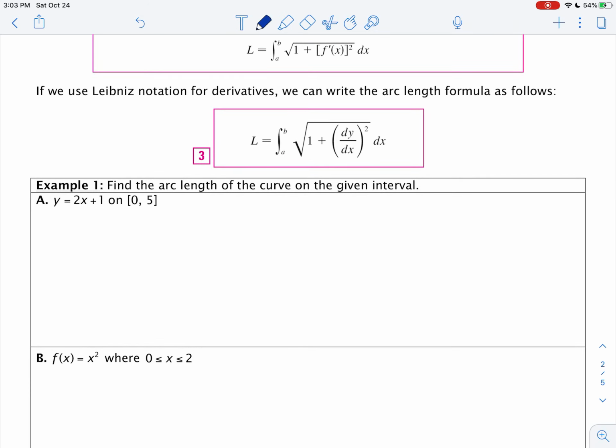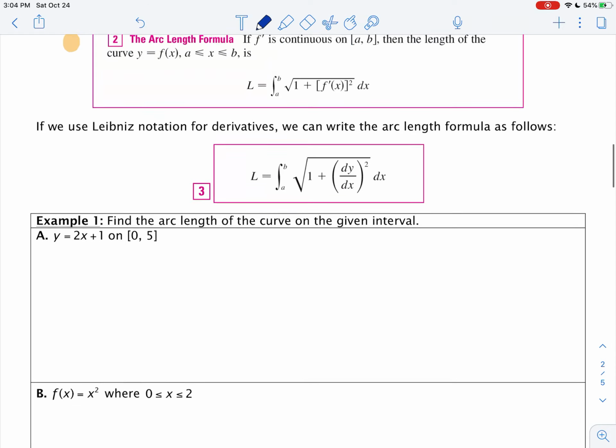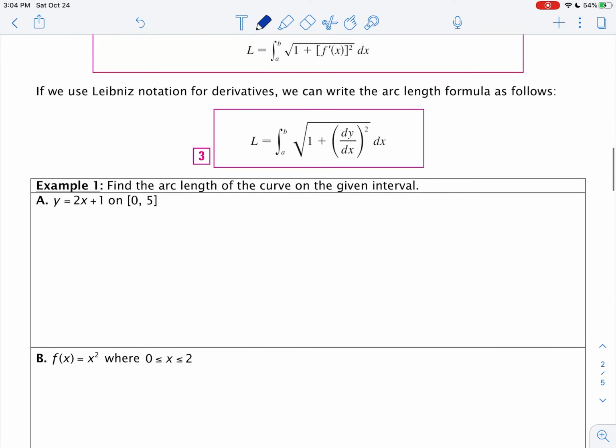All right, so usually I advise my students to start building, or engineer, that arc length expression. In this first example, we've got y equal to 2x plus 1 on the interval from 0 to 5. I just say, okay, what is dy dx? dy dx is going to equal 2. Then I'm going to square it.